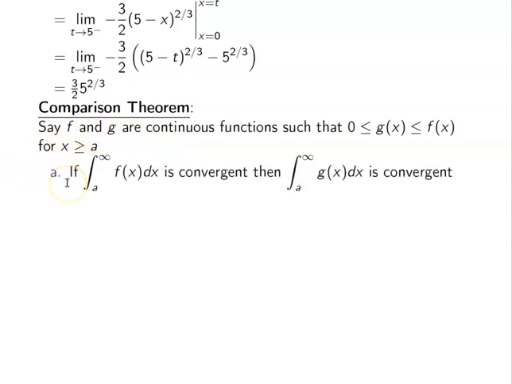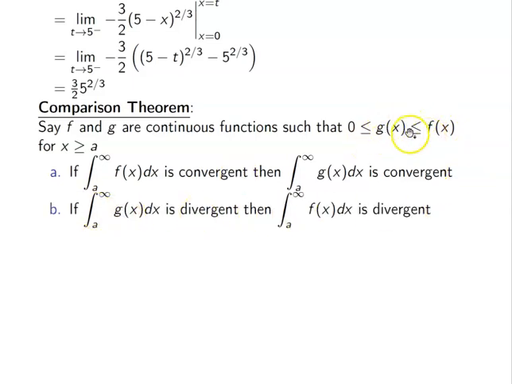If the integral from a to infinity of f is convergent, then the integral of g has to converge also, because g is always smaller than this value. If my larger function converges, then the smaller function has to converge also. It squeezes it to convergence.